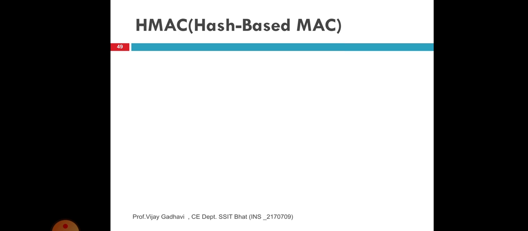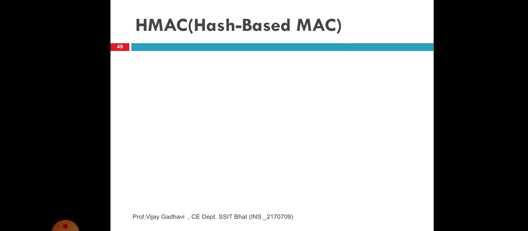In cryptography, HMAC, sometimes expanded as either keyed hash message authentication code or hash-based message authentication code, is a specific type of message authentication code. That means a MAC.